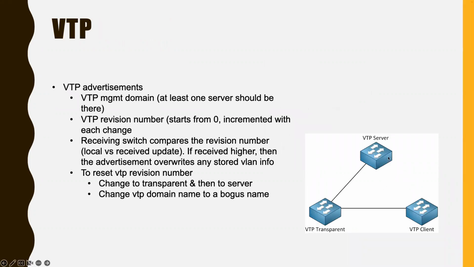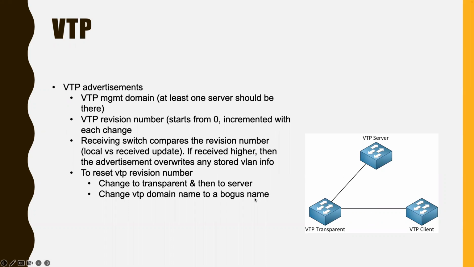For example, let's say this is your current network, VTP server, transparent, and client. You have got a switch which has been sent to you from your central office. That's not a fresh switch; it was being used over there. It has been sent to you so that you can connect this switch into your existing network.